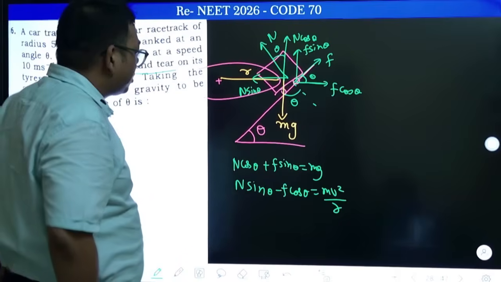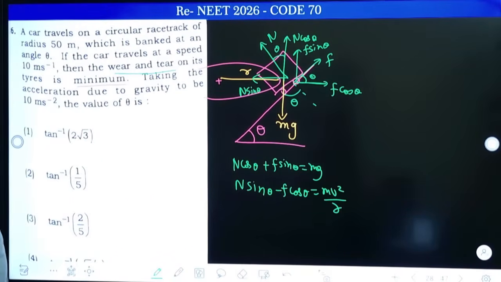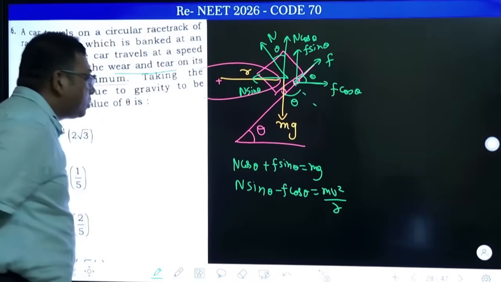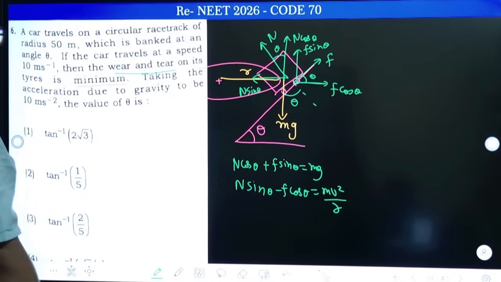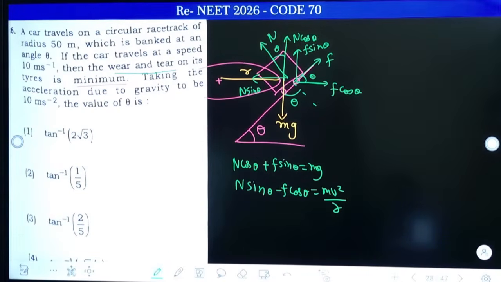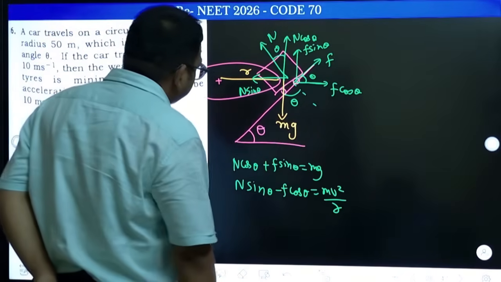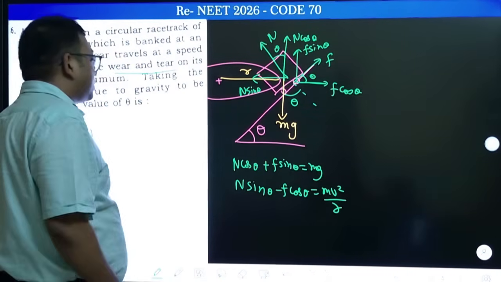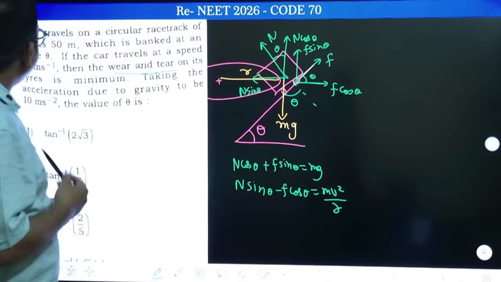If I eliminate normal, then friction can be calculated in terms of theta, and we can try when it will be minimum.